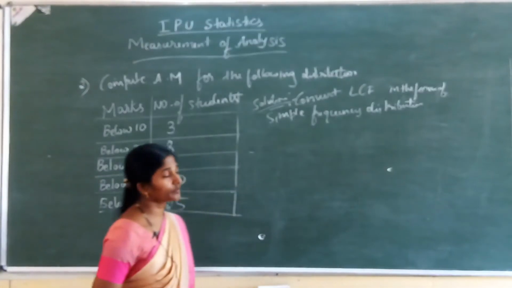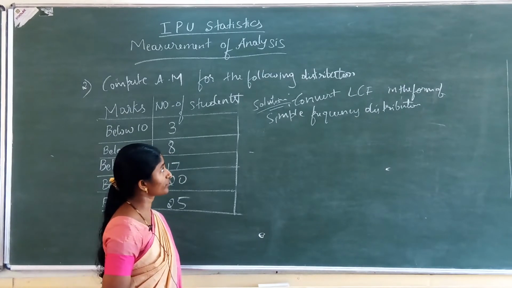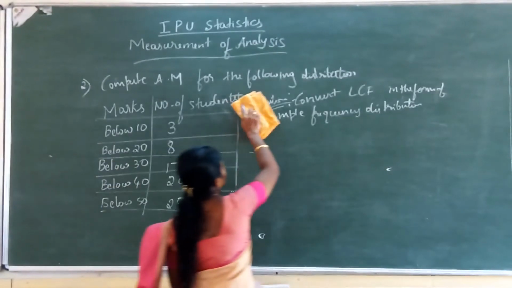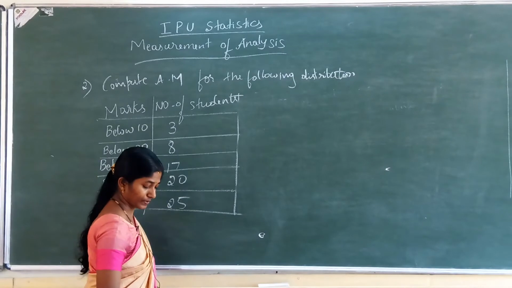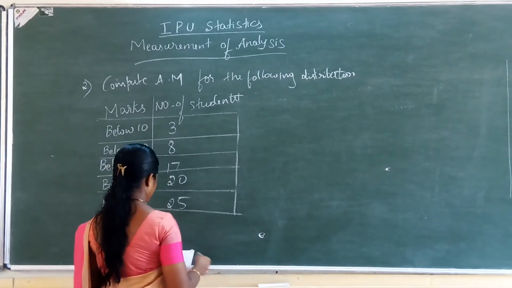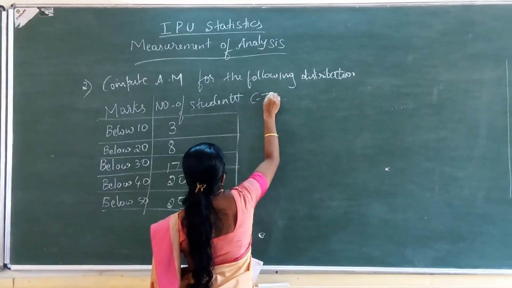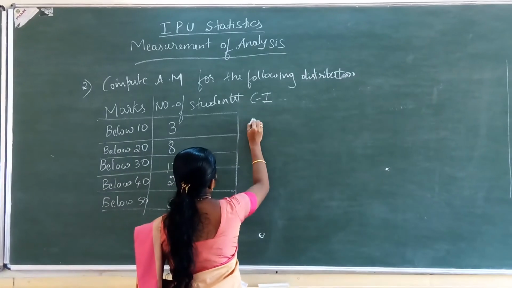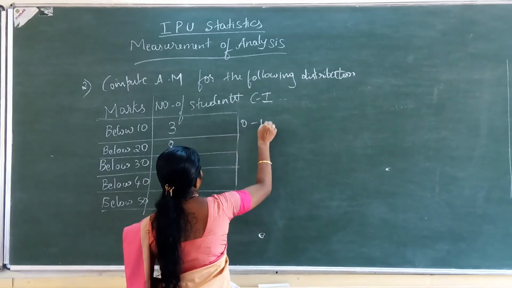That means you should convert that LCF into a simple frequency distribution. I will continue here only, in the question. First you have to write the class interval. Below 10 means 0 to 10.